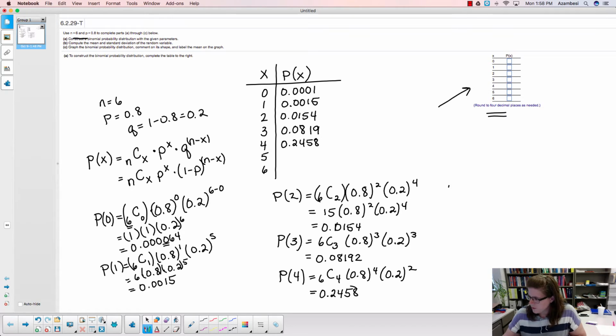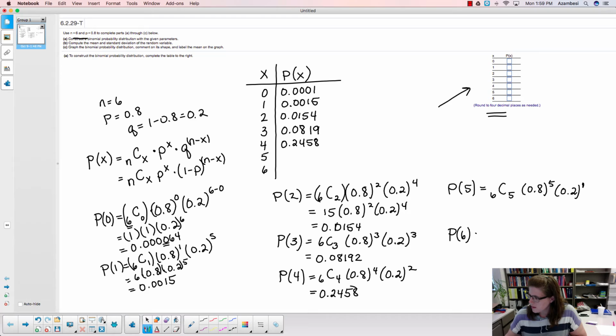And we have 2 more. So the probability of 5 is 6 combination 5 times 0.8 to the fifth times 0.2 to the first.